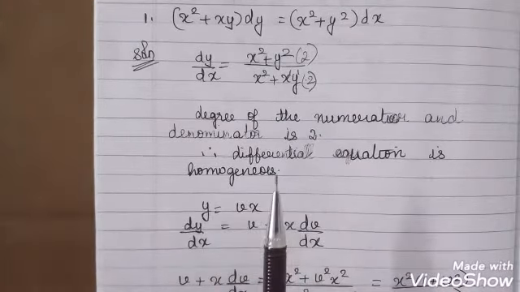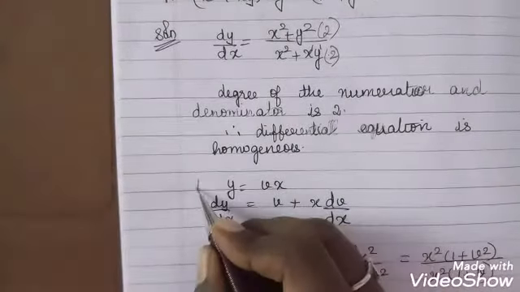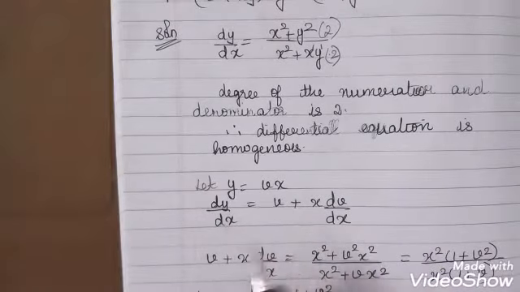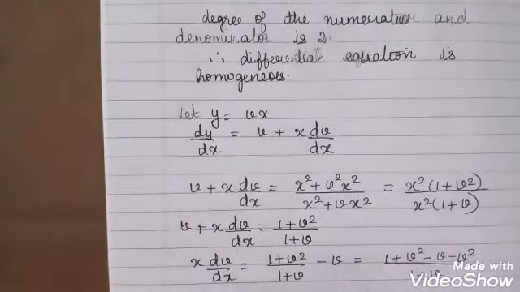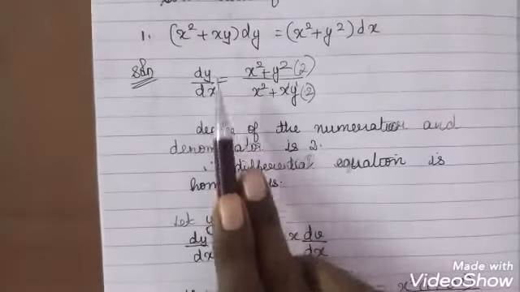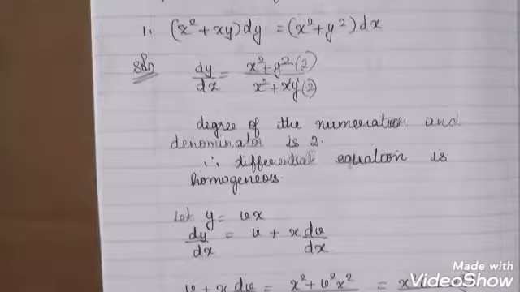Now the next step is to write the substitution. Let y be equal to vx. So your dy by dx is equal to v plus x into dv by dx. Now substitute it in this equation: dy by dx is equal to (x squared plus y squared) divided by (x squared plus xy).